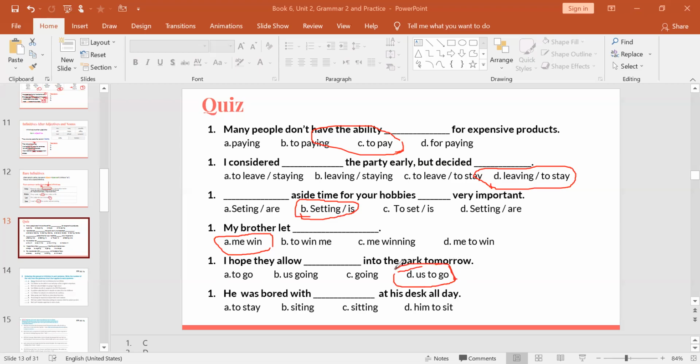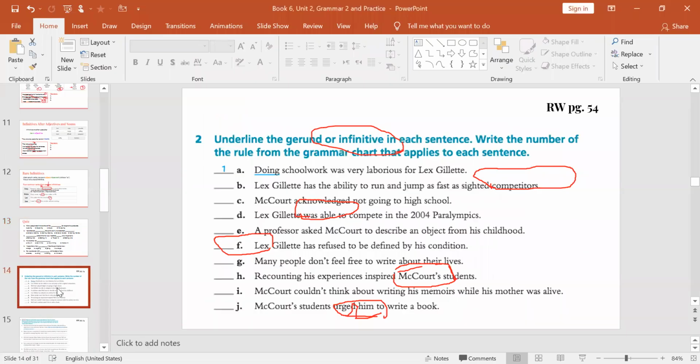He was bored with sitting at his desk all day. That didn't circle well. Okay, so you have the adjective plus the preposition plus the gerund. Okay, good. You guys did a good job on the quiz.